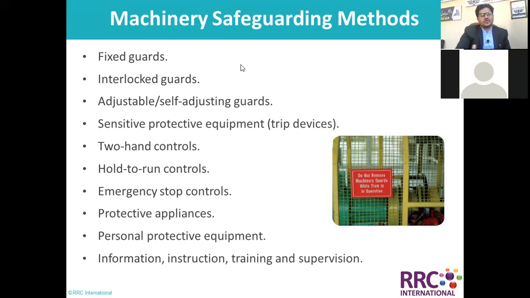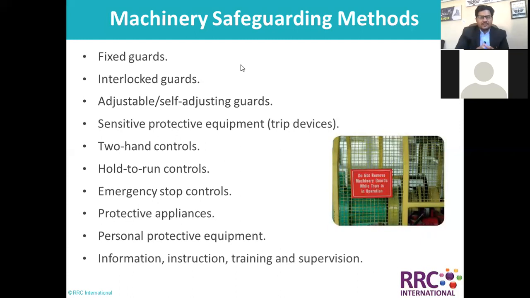That's not a good approach. So in the purchase order, make sure you have listed all the safety features. You are buying this machine, but you have to make sure these safety features are incorporated during the manufacturing of that machine.